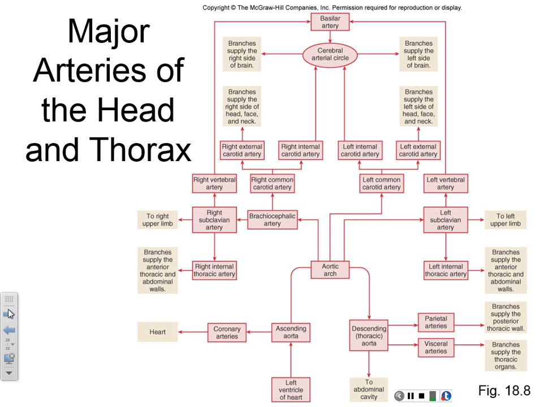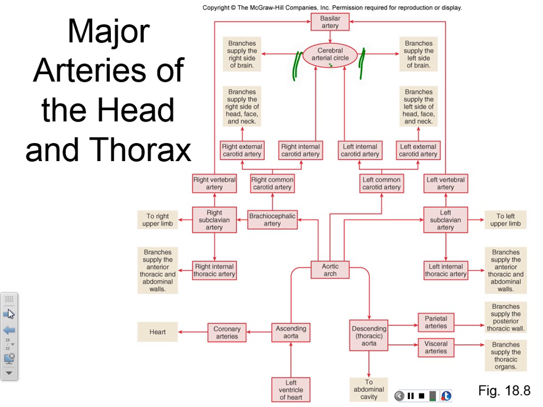And then, of course, the left common carotid, left subclavian. From the left subclavian and the right subclavian, the vertebrals go up, and then they meet at the brainstem to form the basilar artery, which then joins the circle of Willis. So the internal carotids will join the circle of Willis from this side and from that side.